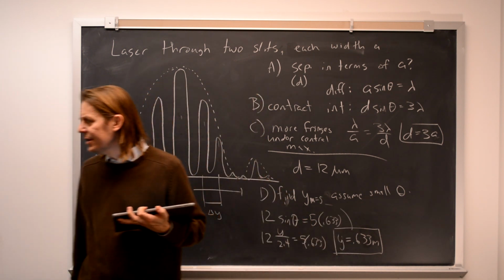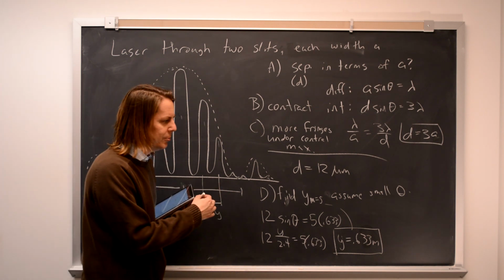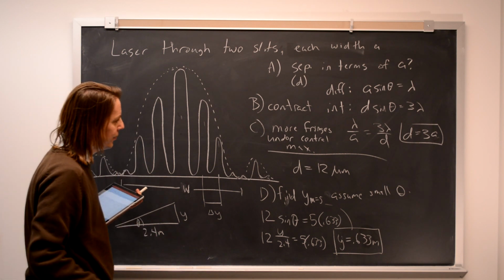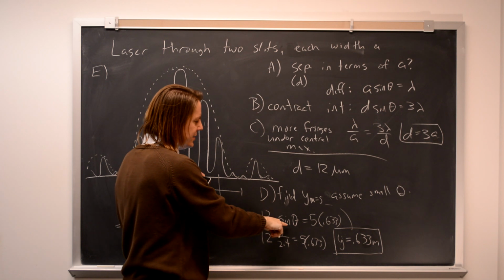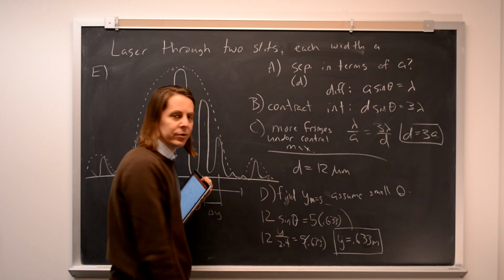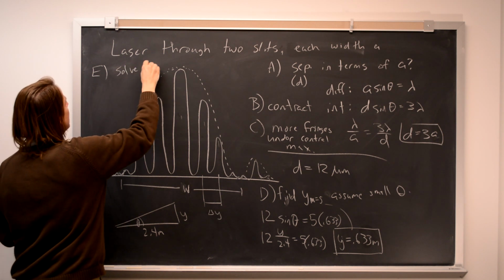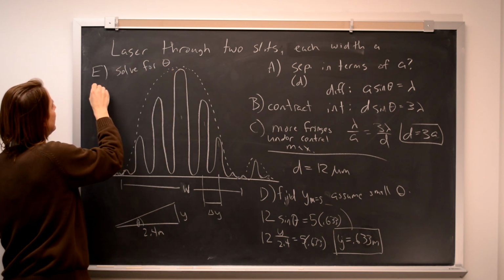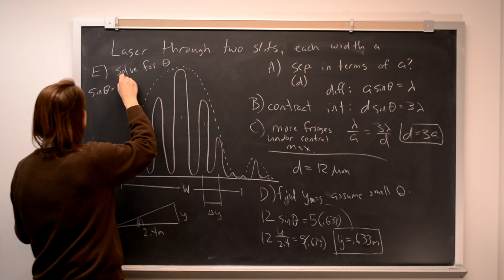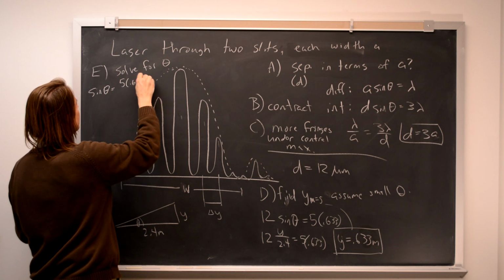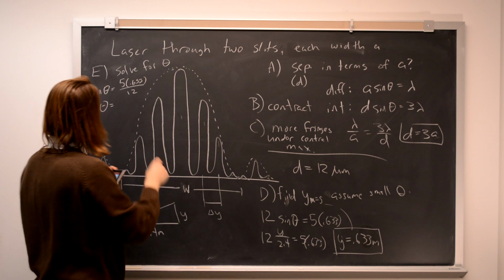And then the last question is, now do that again without making a small angle approximation. So I'm going to do it up here because I've run out of room. So part E, the only difference is we can't just say that sine theta is y over 2.4. We actually solve for theta. All right, we say that sine theta is, in this case, 5 times 0.633 over 12, and we actually get that our theta is 15.3 degrees.